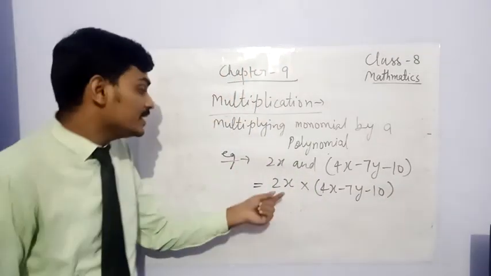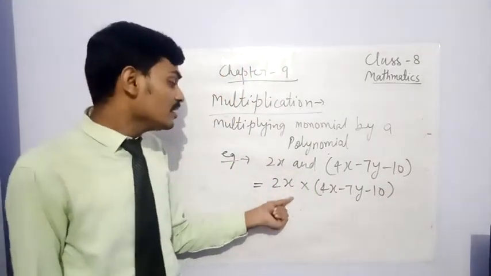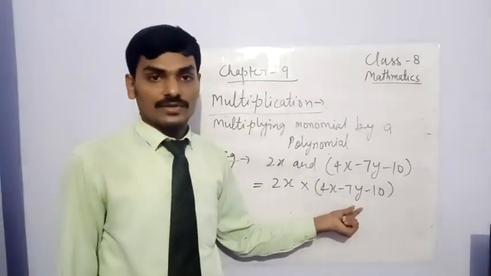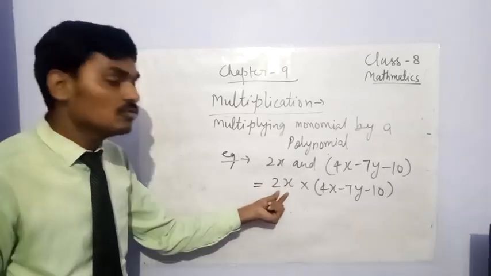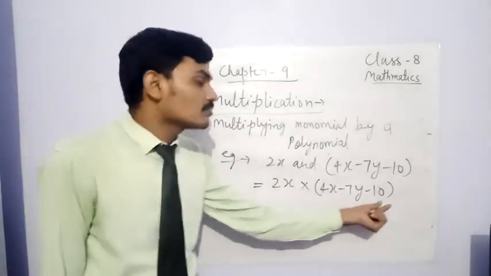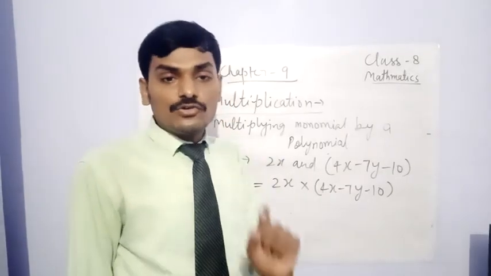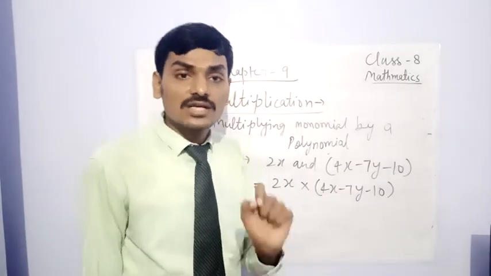Now multiply this monomial into all the terms of this polynomial. You have to multiply this monomial by all the terms of this polynomial with sign. You also have to concentrate on the sign.